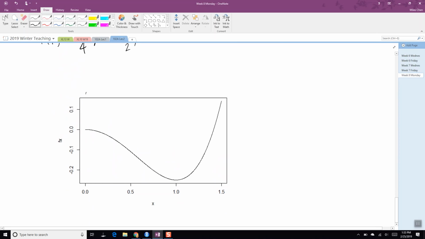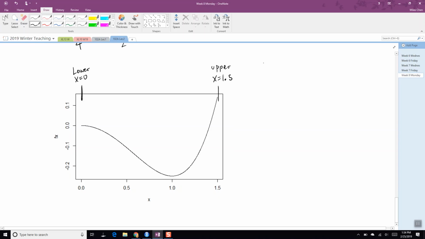Okay, so over here I've got my left bound, or I'll call this my lower bound. My lower is x equal to 0, and my upper is x equal to 1.5. Okay, so that's my lower bound. Here's my upper bound, x equals 1.5. And all we know is that a local minimum exists between 0 and 1.5. Okay.